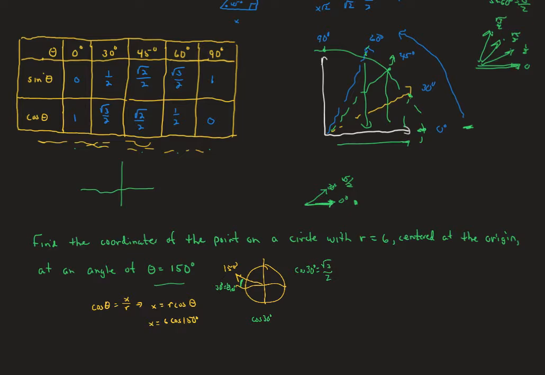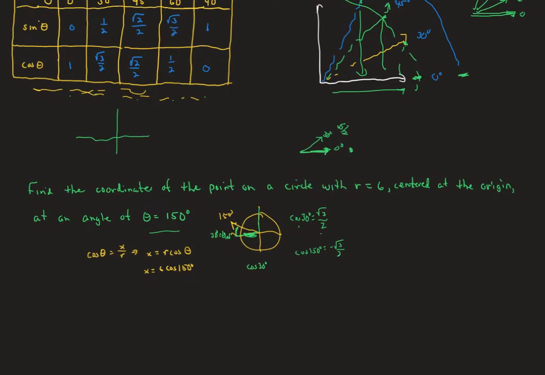Then we'll say 150 degrees is in quadrant 2. In quadrant 2, the x-coordinate of any point is negative. So we know the cosine of 30 is square root of 3 over 2, which means the cosine of 150 is negative square root of 3 over 2.